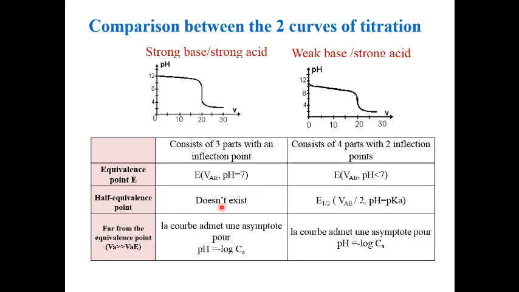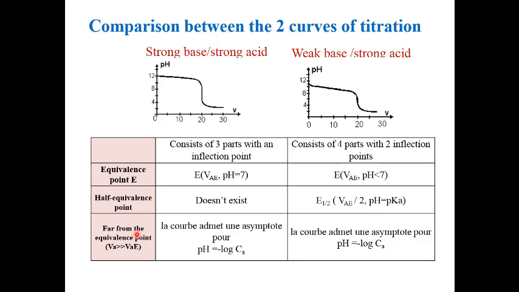The half equivalence point is a concept that does not exist in the case of strong species, while here the half equivalence corresponds to an abscissa of Va added at equivalence over 2, and the pH is equal to the pKa of the acid-base pair involved.